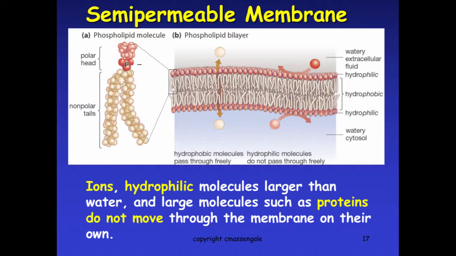Ions, hydrophilic molecules larger than water, and large molecules such as proteins do not move through the membrane on their own. So they actually have to use those proteins for support.